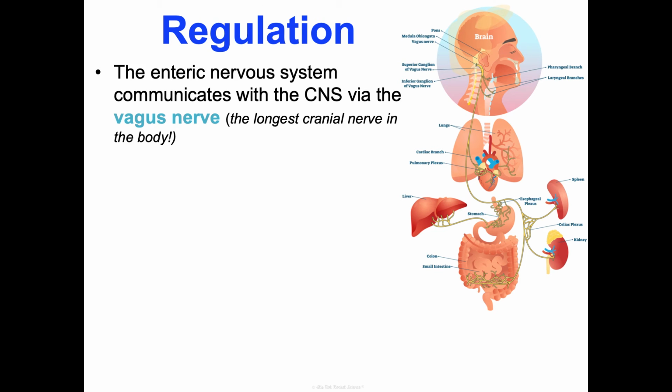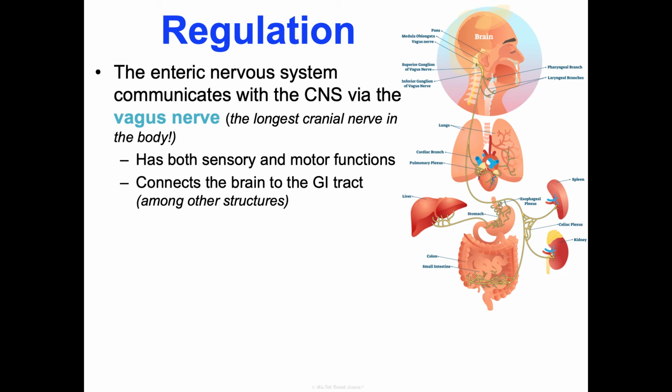It communicates with your central nervous system via that vagus nerve I just mentioned, which is the longest cranial nerve in the body. It starts up here and goes all the way through your abdomen and all these different organs. It has both sensory receptors and motor functions as well. And again, it connects the brain to the GI tract and other things.